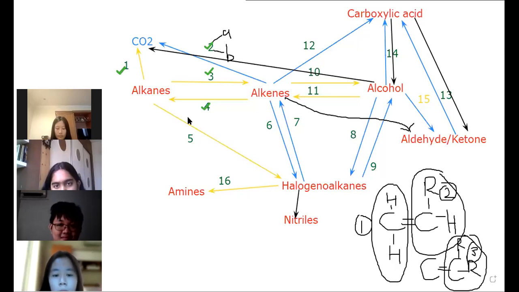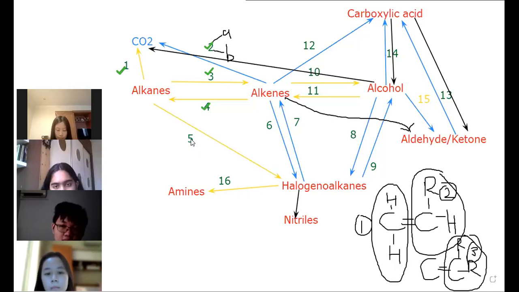Is it initiation, propagation, and termination? Yes, correct. What is the characteristic of initiation? The formation of 2 free radicals. Yes, correct. What is the characteristic of propagation? I'm not sure, teacher.